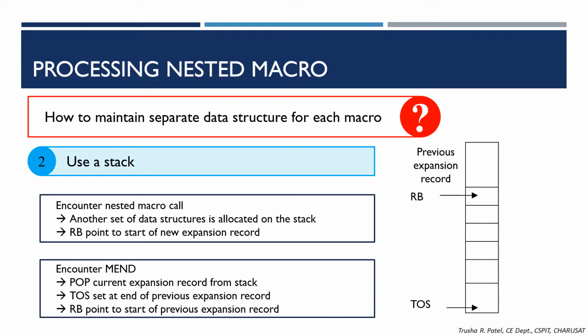And whenever we encounter the macro end statement, we need to pop the current expansion record from the stack. TOS and RB both need to be reset. TOS will now be pointing to the last location of the previous expansion record, and RB will point to the start location of the previous expansion record.